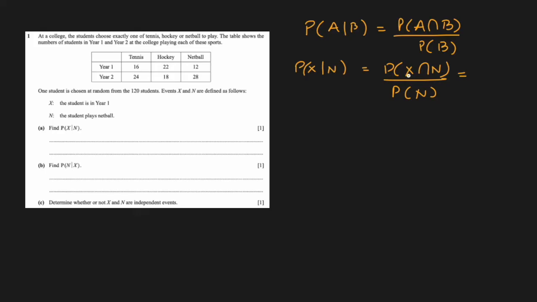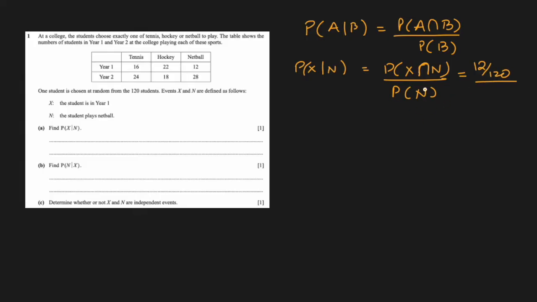Now, what is the probability that the student is in year 1 and, because it's an intersection, is also playing netball? Year 1 netball: 12 students out of a total of 120 are playing netball from year 1. That becomes our probability of a student from year 1 playing netball out of all the students.